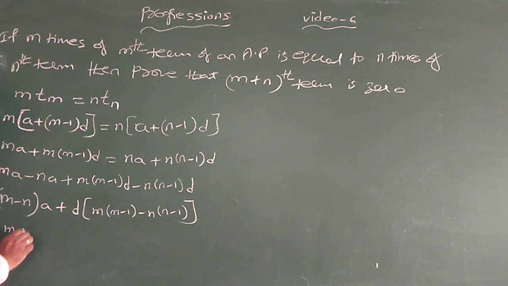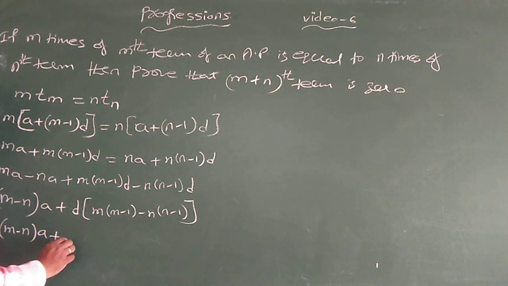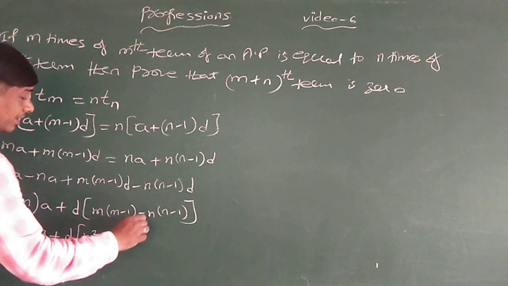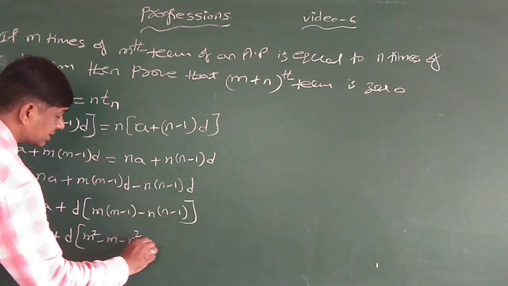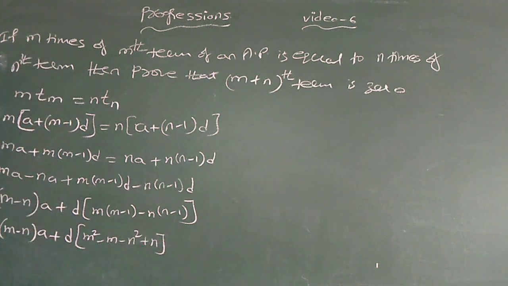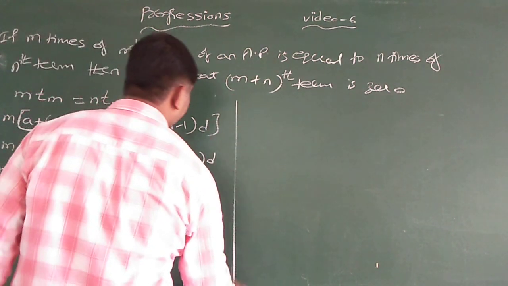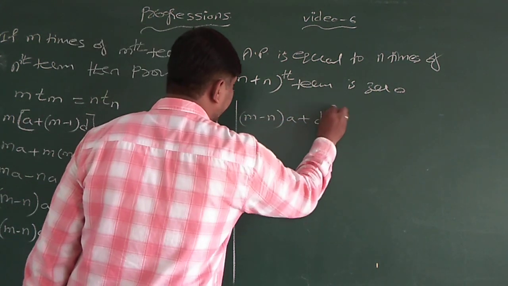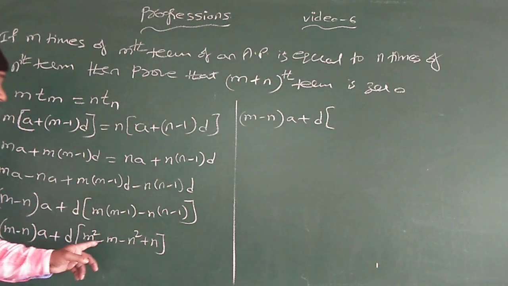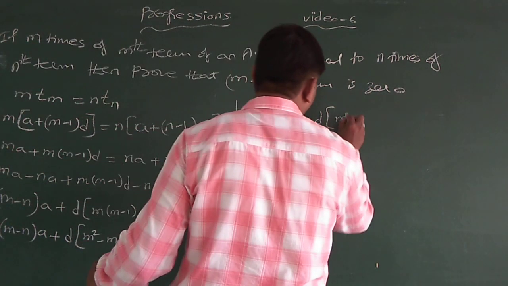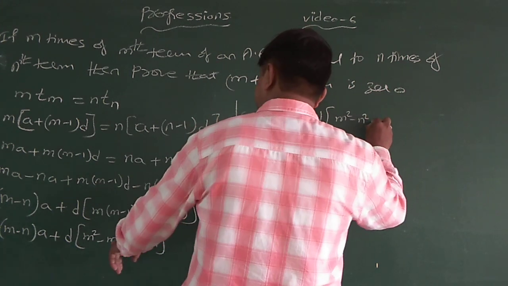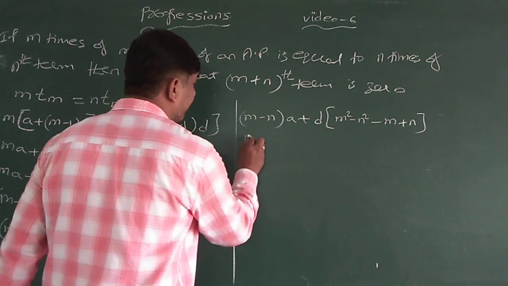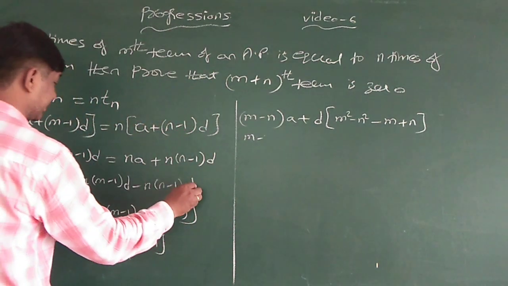Now (m minus n) into a plus d, and inside the bracket simplify: m square minus m minus n square plus n. Rearrange them: square terms together, m square minus n square, this is minus m, this is plus n. Now m minus n is equal to 0 here.